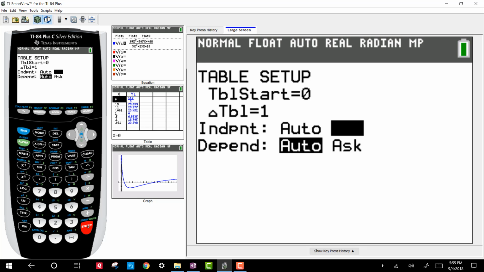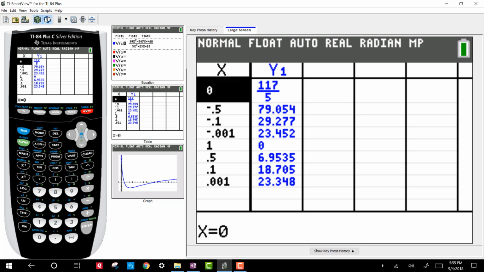And then let's go to the second key again. Hit the graph key again, because that's going to bring up the table. All right, so here I've got a table, and look at that. When x is 0, I get 117 over 5. Now, is 117 over 5 the same as 23.4?